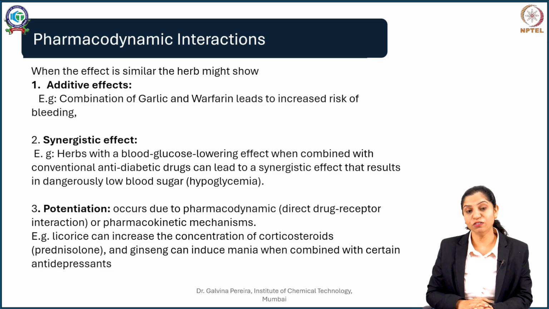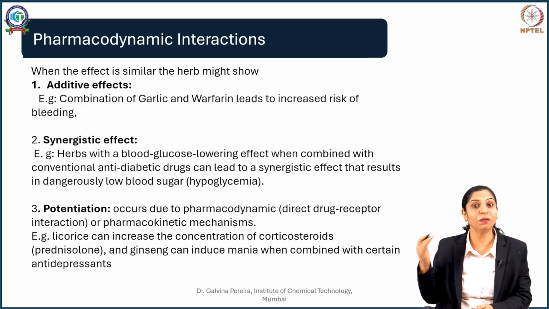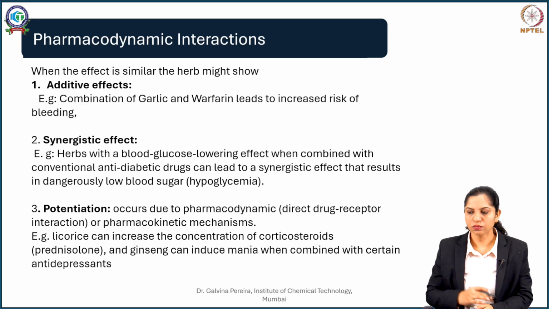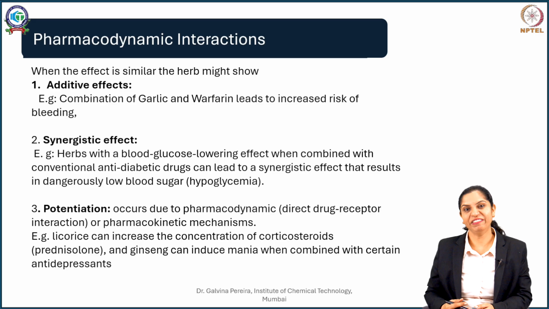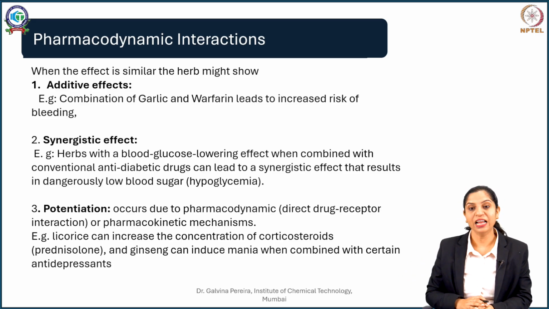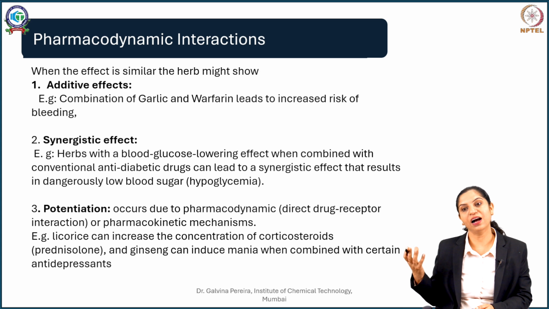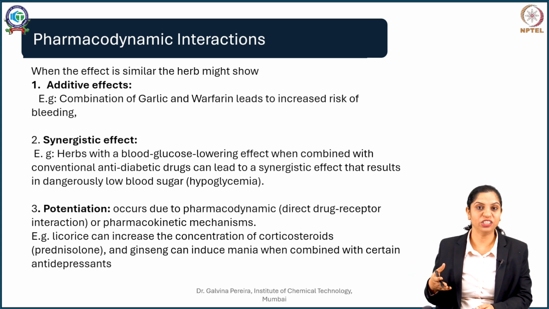Now, an example of synergistic effect where you will see 1 plus 1 is equal to 3 is observed with sugar. People who have elevated blood sugars often take herbal supplements. They take Karela extracts, Gudmar, or Tinospora extracts and so on. And they are often also administering allopathic drugs such as metformin.